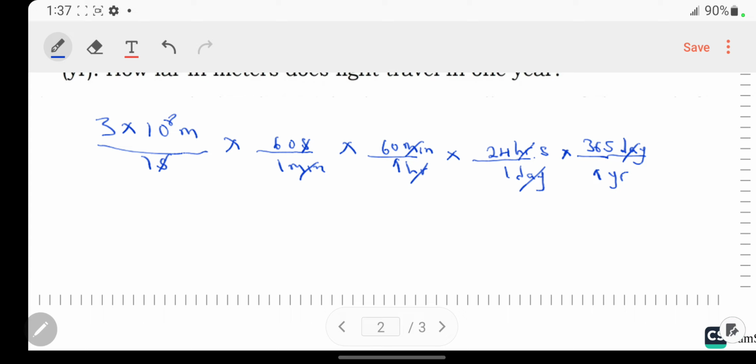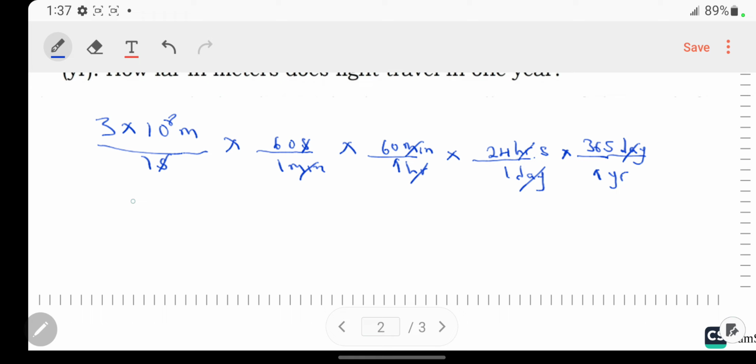So we multiply. We have 3 by 10 raised to the power 8 times 60 times 60 times 24 times 365.